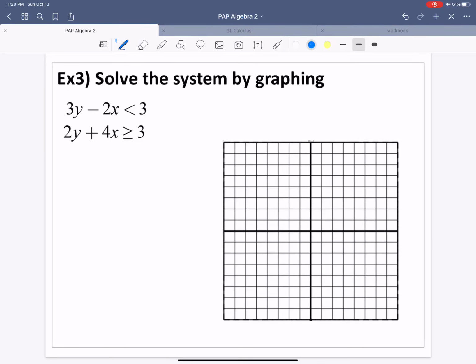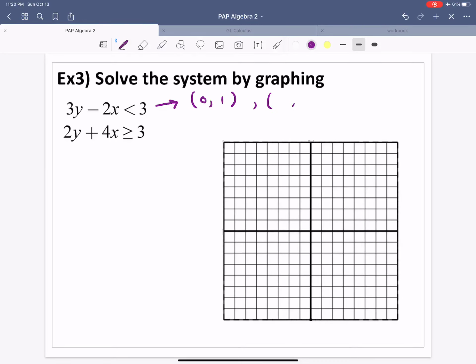As you see here, we've got two equations that are both in standard form, so not super convenient to work with. So the way that I graph standard form is I do the x and the y intercept. So for the y-intercept, you make x equal to 0, and you'll get the y-intercept to be 1.